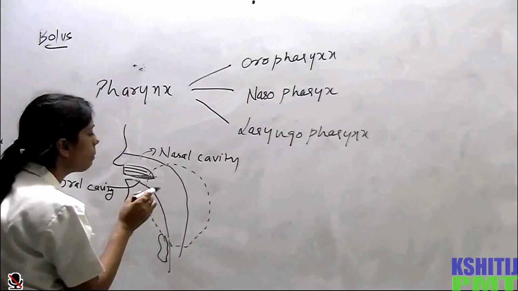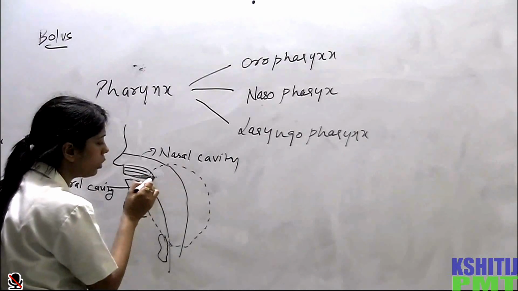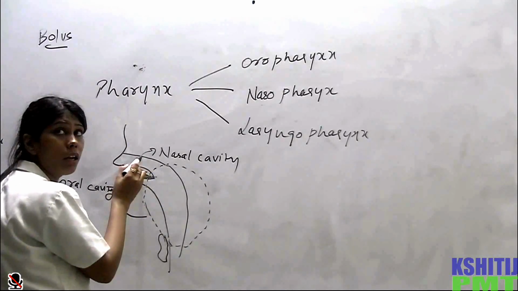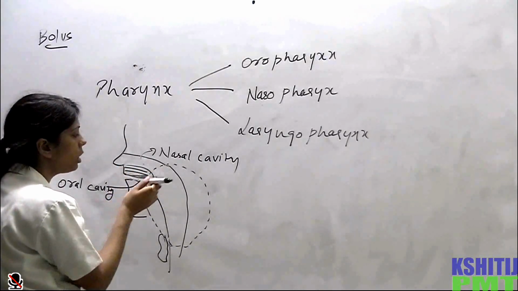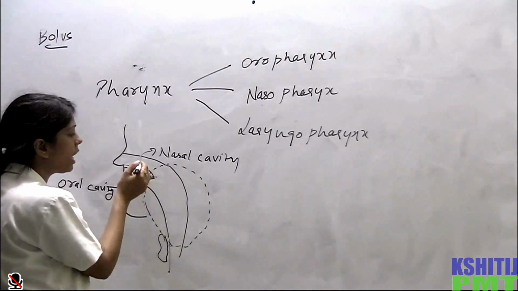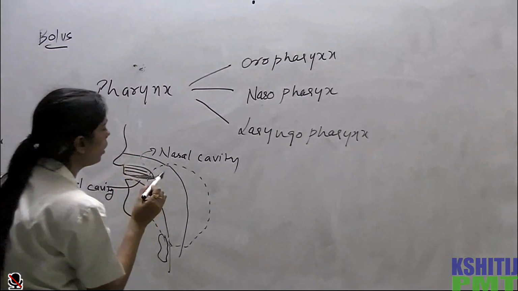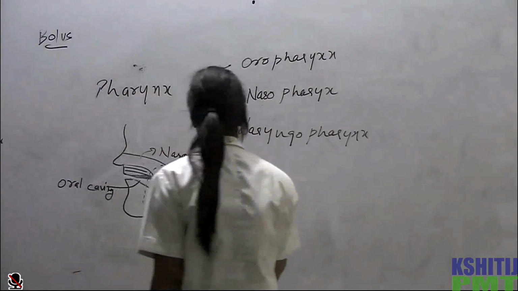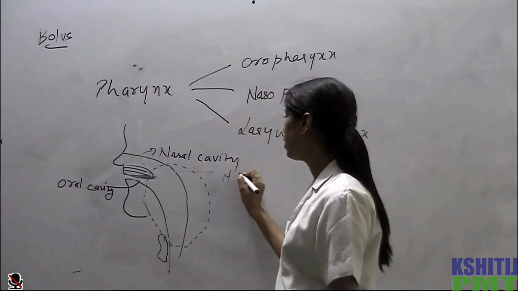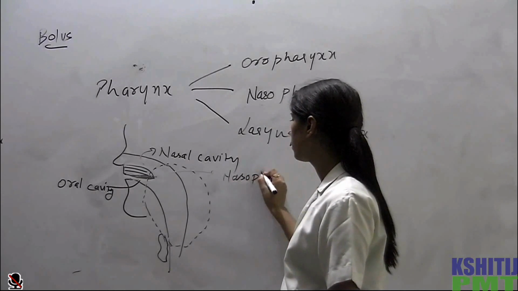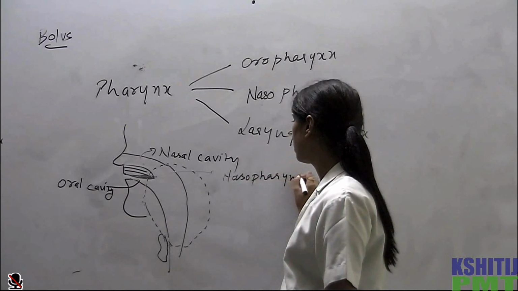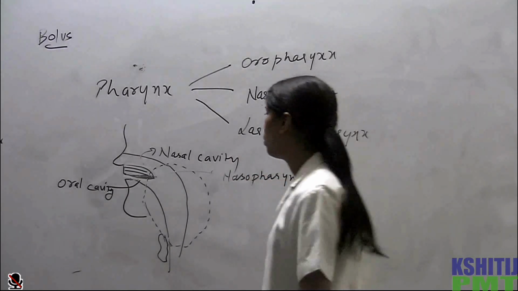The part of the pharynx which is attached to the nasal cavity is called the nasopharynx.